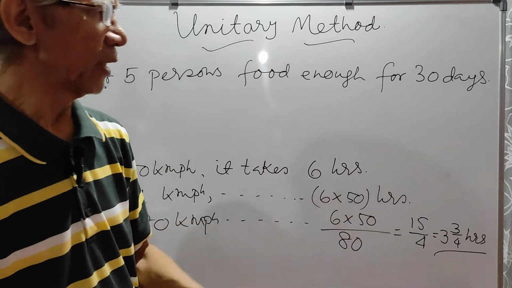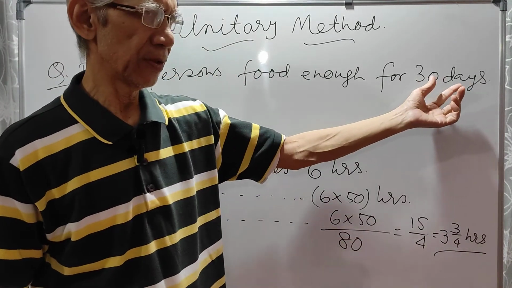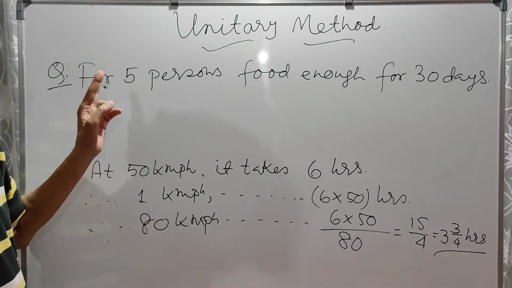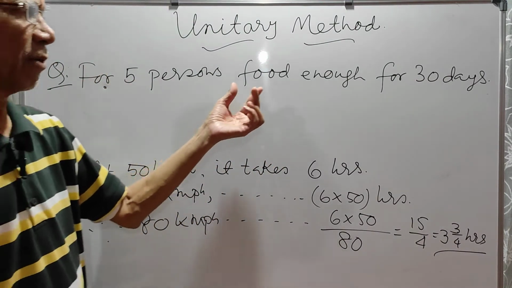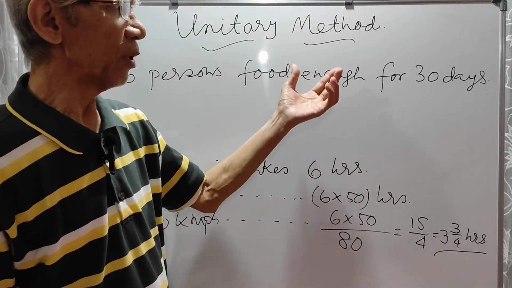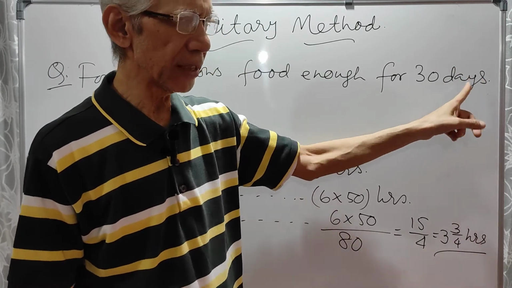Suppose in your family, you buy food for the whole month, 30 days. And suppose in your family, there are 5 family members. So for 5 persons, you have bought food enough for 30 days. So this food will last for 30 days.